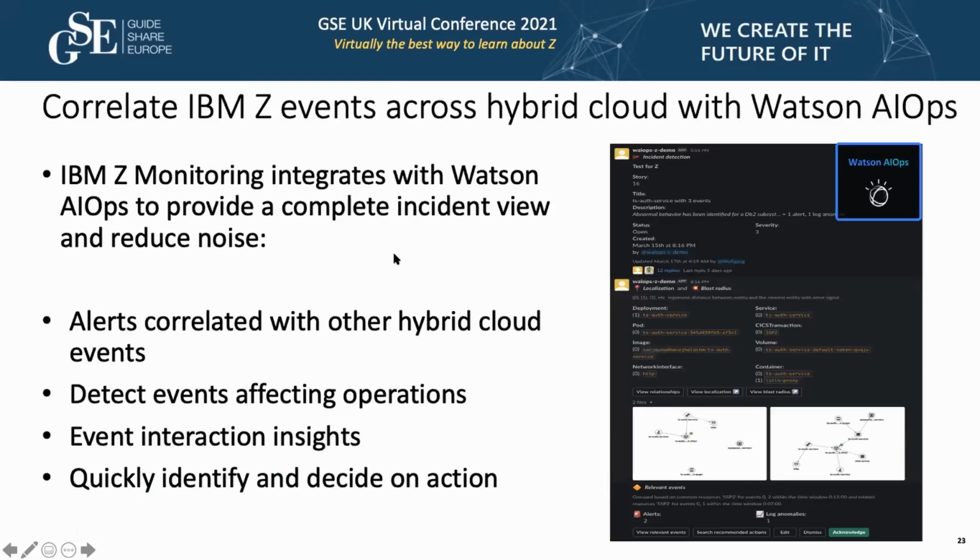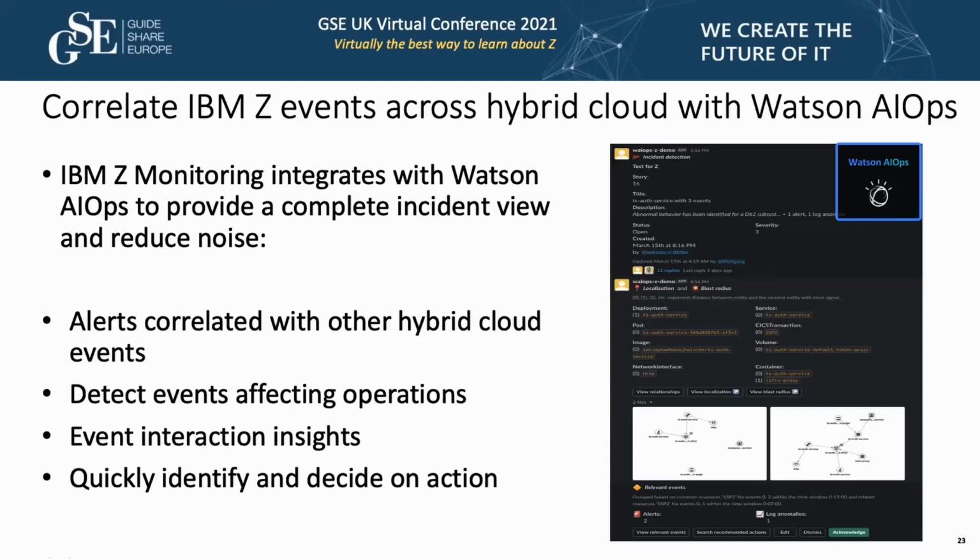Also across the board, we can now show you how to correlate IBM Z events across your hybrid cloud applications with Watson AIOps. And the way this works is that Z monitoring has an integration through the alerts. Watson AIOps can ingest the alerts that come from OMEGAMON, as well as a variety of other hybrid cloud types of events.